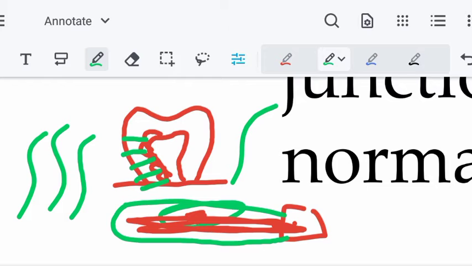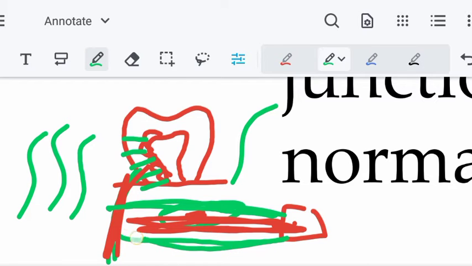pass from the odontoblastic cells through the periphery to the enamel surface. Believe this is the enamel surface here. So these dentinal tubules come from the odontoblastic cells and pass onto the enamel surface, and this is the odontoblastic process which is inside the dentinal tubule.